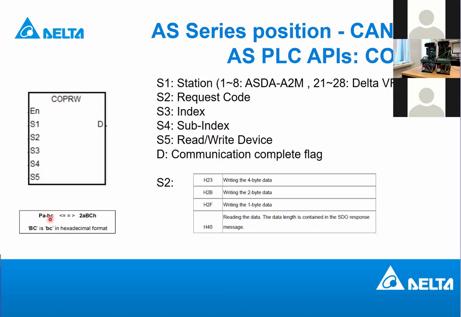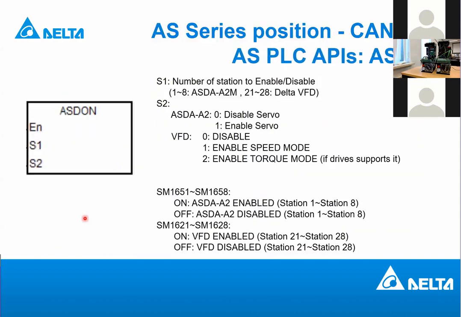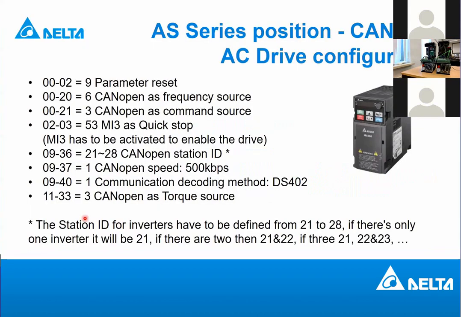You see this X3 is illustrated here, 2ABC. So the parameter register always starts from 2. So 2 is constant, 2 would always be there. Then A is the parameter group. For example, when we were setting the communication, pardon me, let me switch back to this setting.